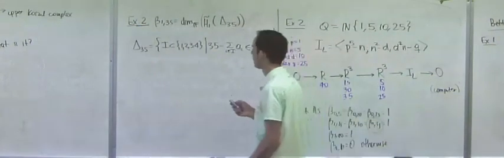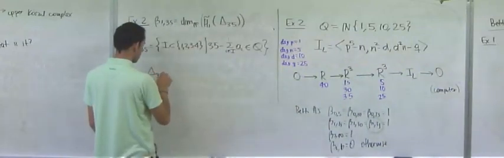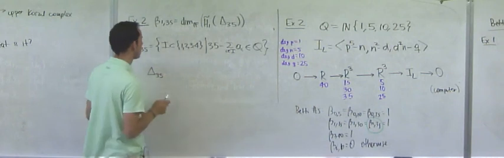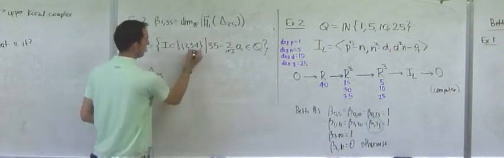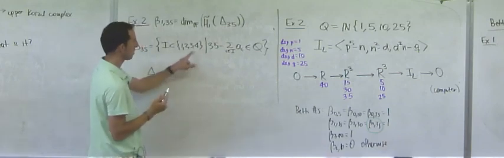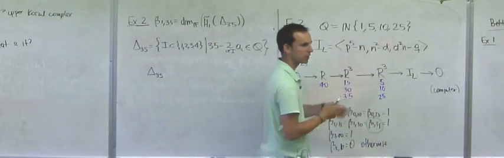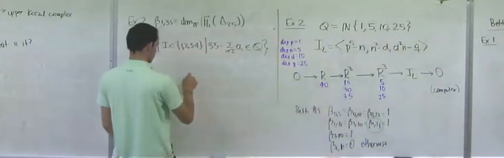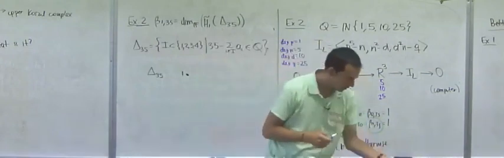So let's draw delta 35. Well, the elements are 1, 2, 3, and 4. But actually, it's going to be more convenient to think of them as being 1, 5, 10, and 25. Let me draw it like this.